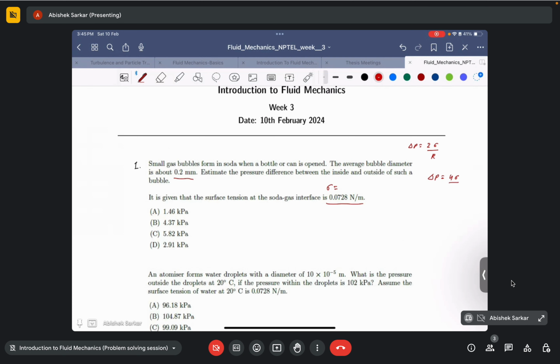So we need to know which one to implement, whether the bubbles that arise from the soda should be considered as bubbles or droplets. I guess it's a bubble, it's written in the question itself. Yes, just substitute the values and tell me the answer.